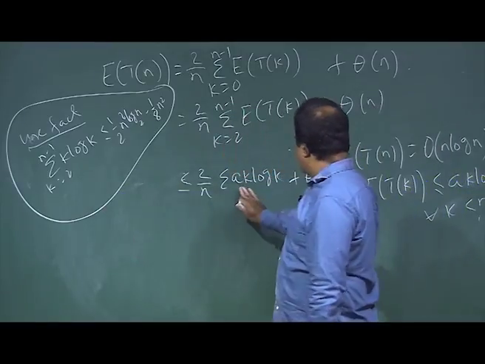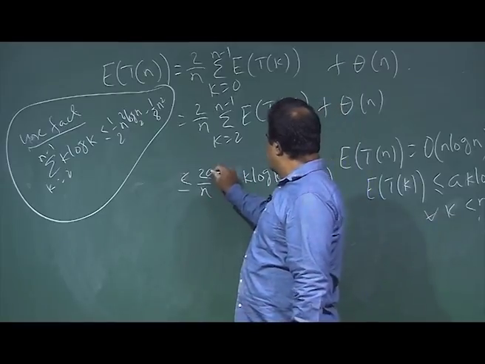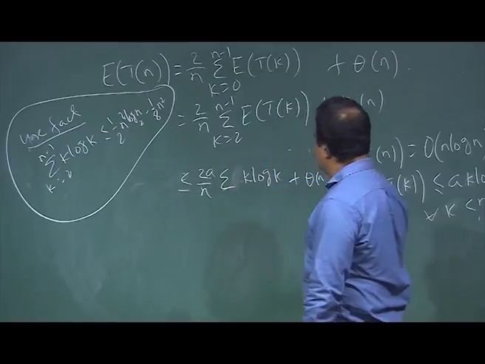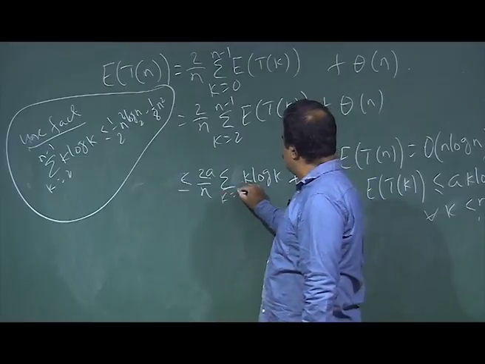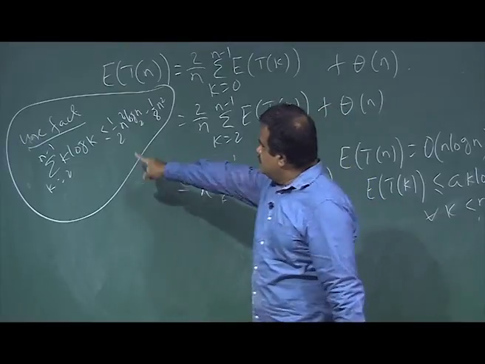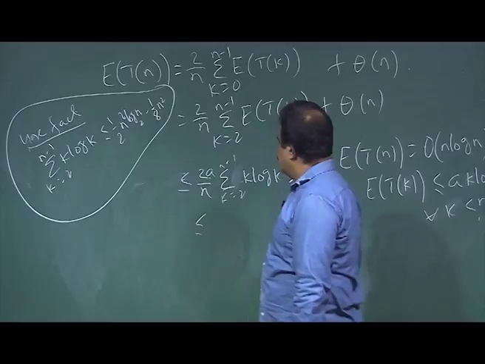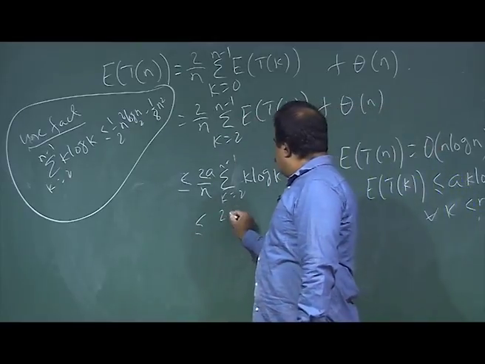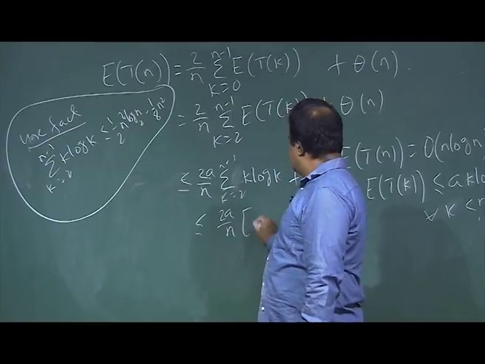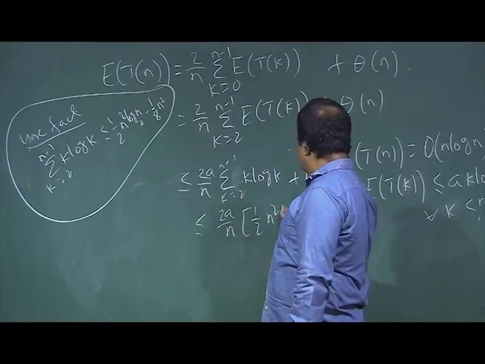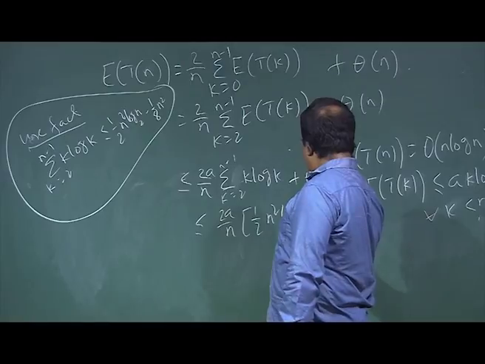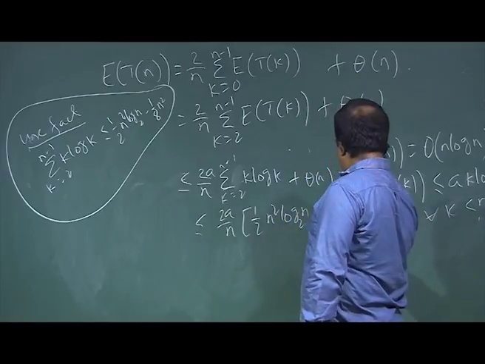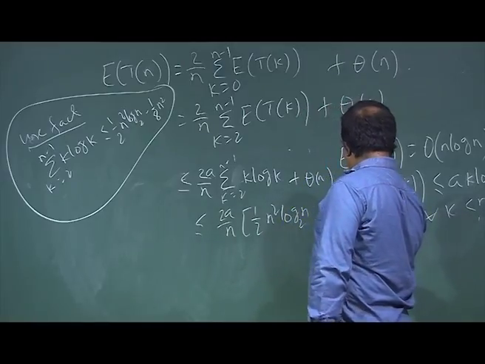Summation of k log k. So if you take this a out, a will be here. So this is summation of k log k, and this k is starting from 2 to n minus 1. This is basically less than or equal to, this is also we can prove by induction, 2 by a n times half n square log n base 2 minus 1 by 8 n square, plus theta of n.